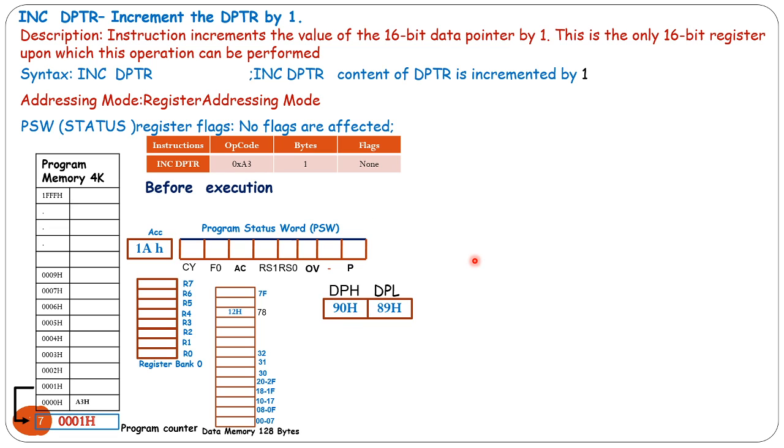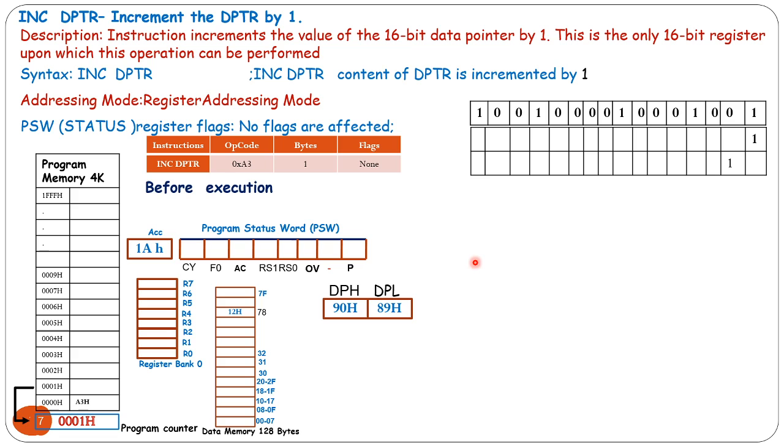When this instruction is executed, 9, 0, 8, and 9 are incremented by 1. So the answer will be like this: 1 plus 1 will be 0, carry 1, 1 plus 0 will be 1, then the other bits remain as they are.